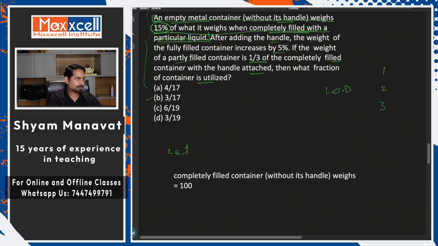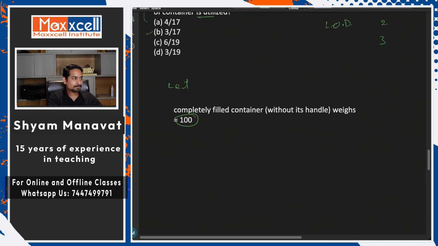Did you understand why I am assuming this? Because 15% of this is the weight of the empty metal container. So if with liquid it's 100 grams, let's say grams, a kg will be a lot.